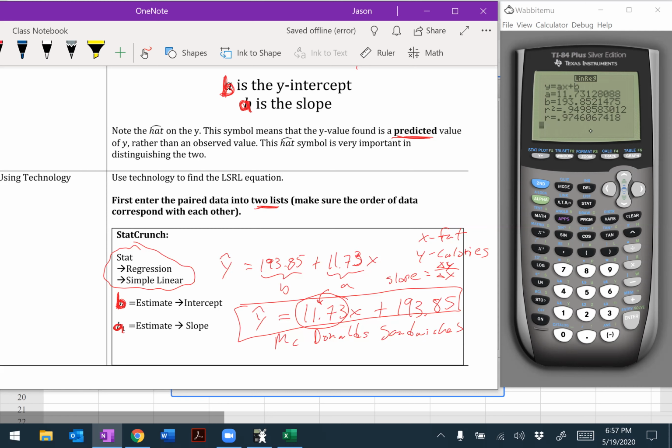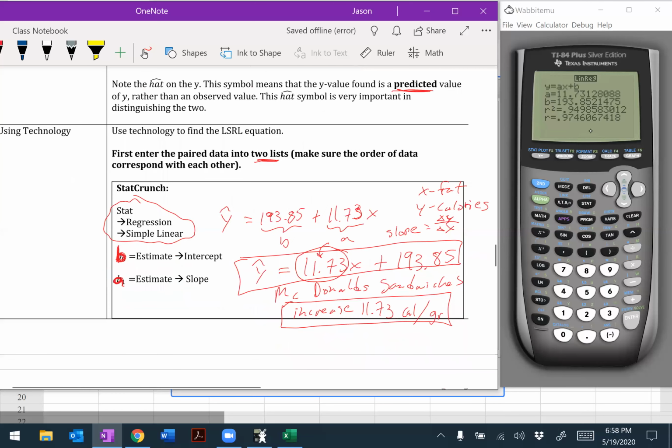We would say that there's an increase of about 12 calories, or 11.73 calories. I'll write this as a sentence: 11.73 calories per gram of fat. So an increase of 11.73 calories per gram of fat on average. That's what that slope is telling me.